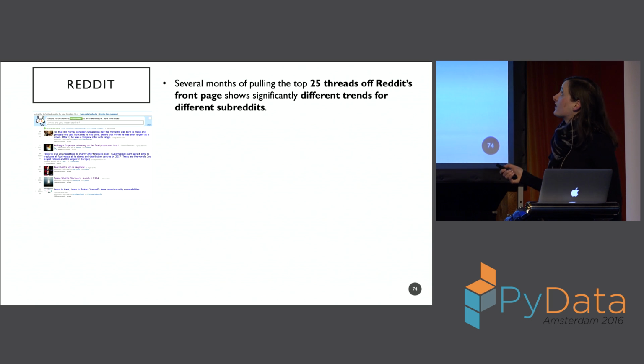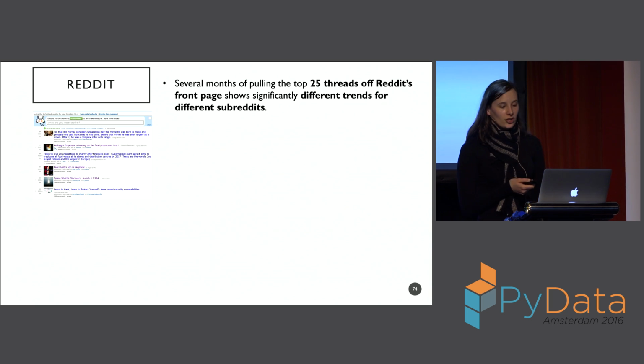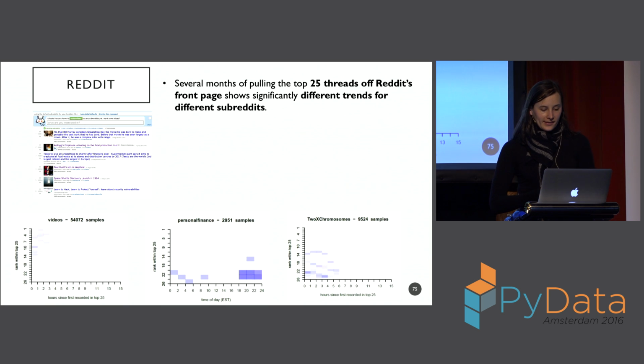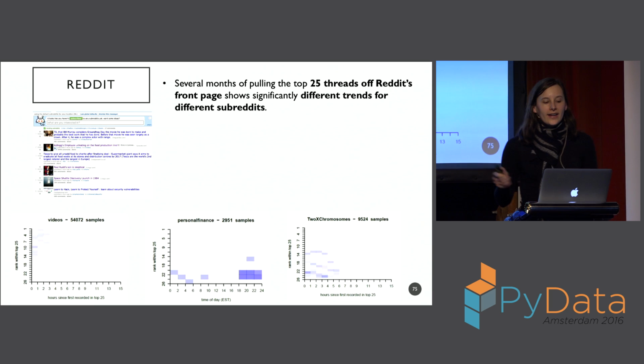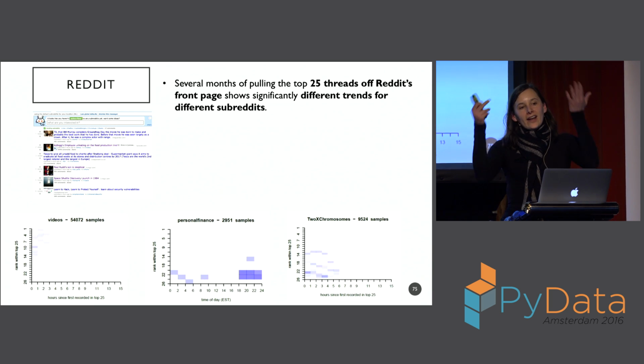Reddit, another example. I pulled the top 25 threads from the main page off of Reddit for a couple of months, and I looked at what subreddits made it and how they tended to do. And again, I saw a great example of why it makes sense to cluster time series. In the videos over here, I don't know if it's showing up very well, but what you can see is that videos, when they make it to the top, don't last that long, but they get up pretty high, right?